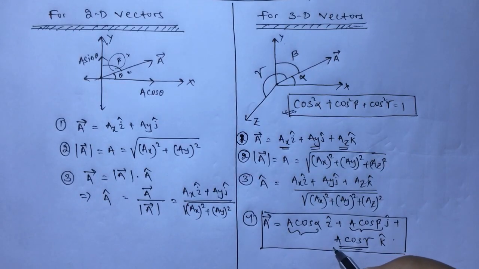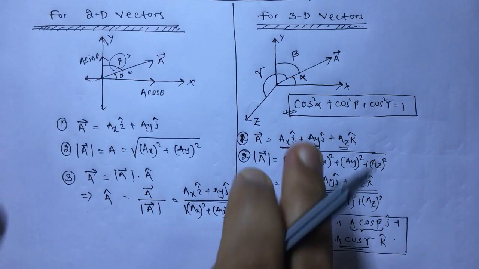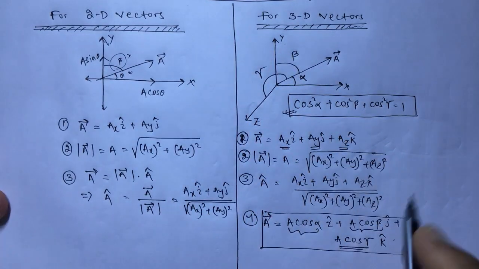This is how we have to do it. For a detailed solution, you can check question number 15 to see how we solve it if only two angles are given.